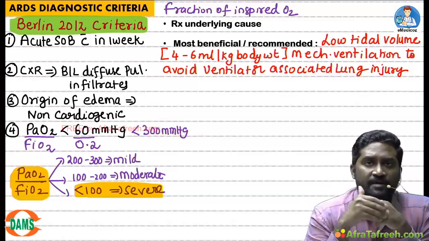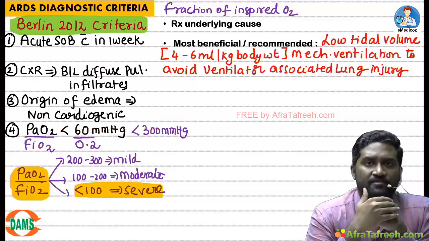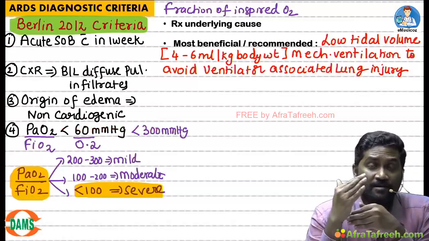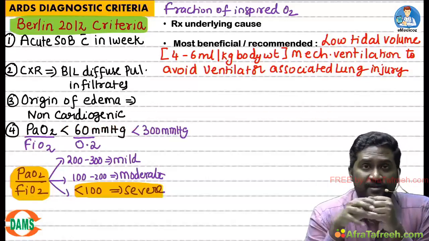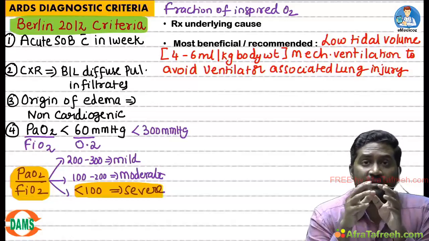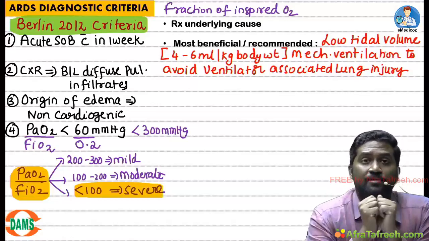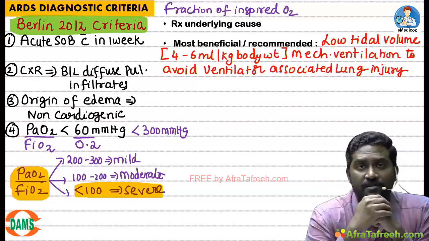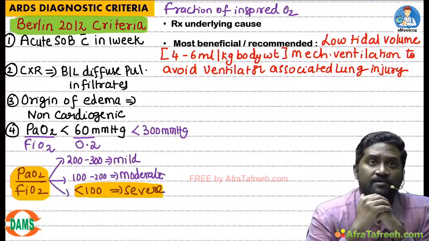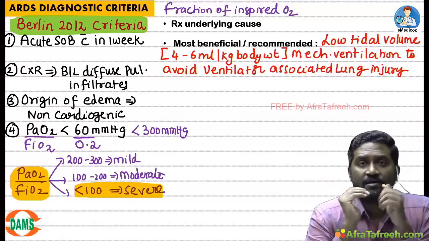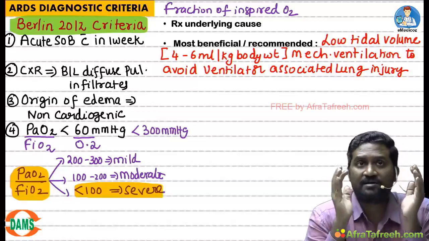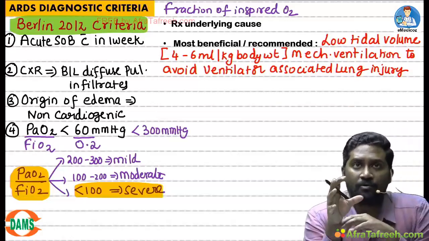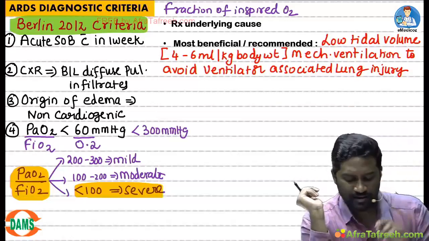So they started to give low tidal volumes, 4 to 6 ml per kg body weight instead of 8 to 10 ml. After that, majority of studies have shown that ARDS lungs tolerated low tidal volumes very well, and it was also associated with some survival benefit. That's why, if there is ARDS, they concluded that the most beneficial or recommended strategy is low tidal volume mechanical ventilation. So why is it done? To avoid ventilator associated lung injury.